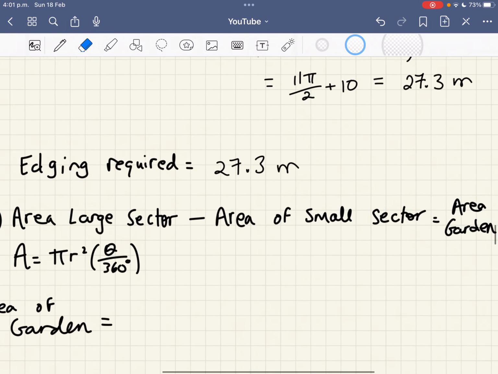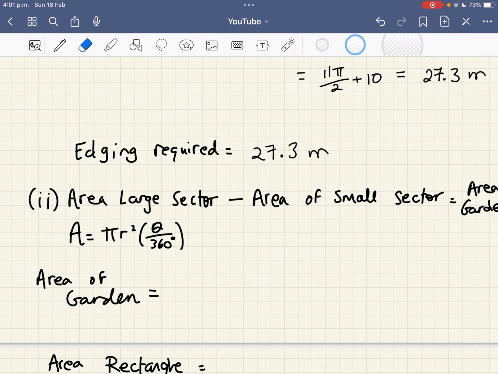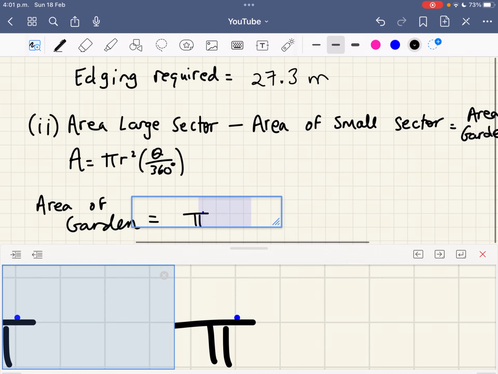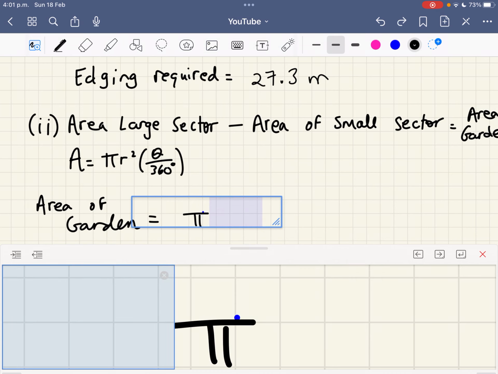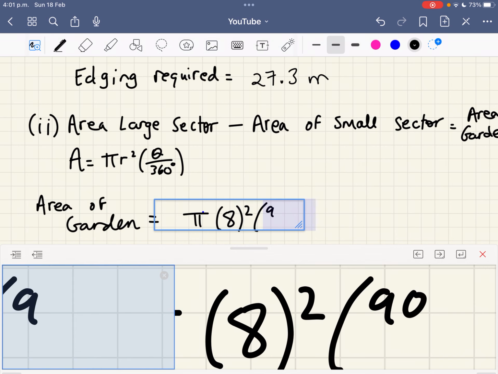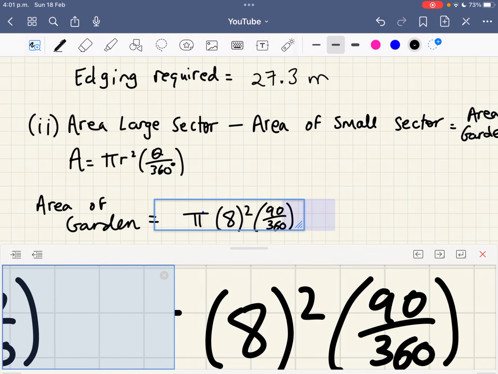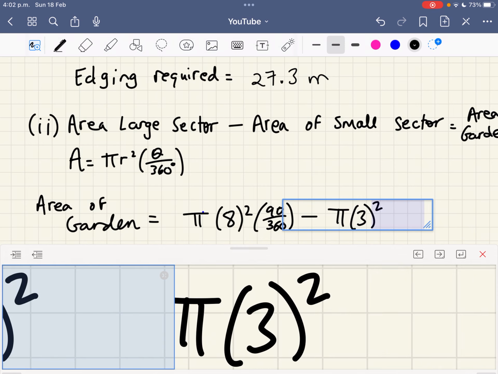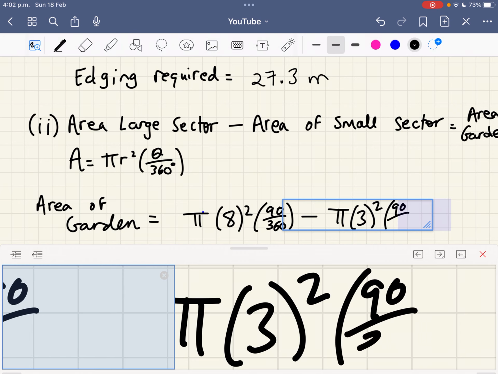So, area of the large sector minus area of the small sector equals the garden. So I'm going to fill into this formula. We have pi r squared, the large sector r is 8, and 90 over 360, minus pi 3 squared and 90 over 360.